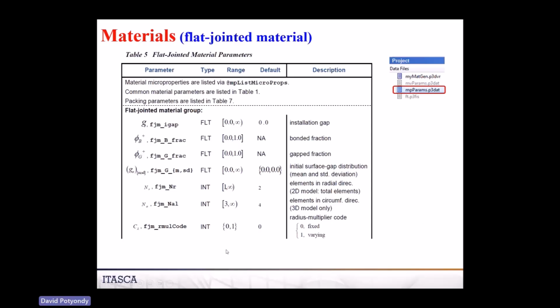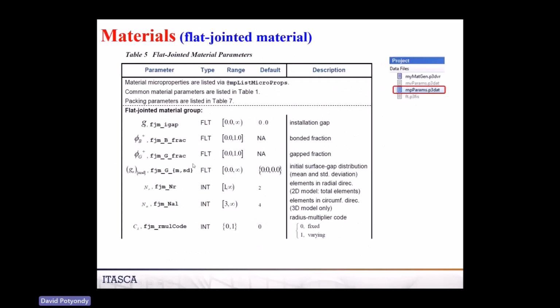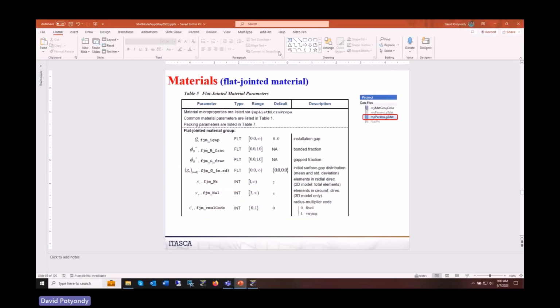Similarly, here are the flat jointed material properties. One of the additional things for a flat jointed system, and I don't have a picture here, is that every flat joint can have an initial gap. And so we talk about there being 3 types of systems here.